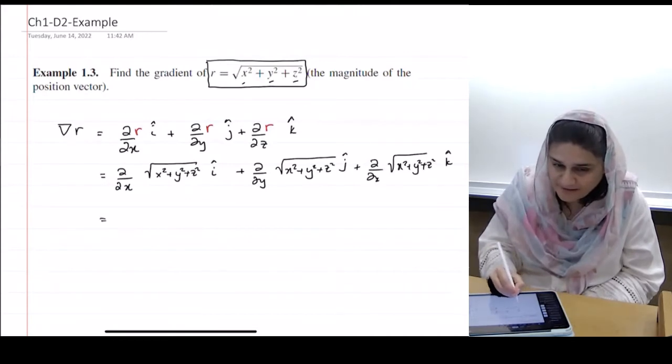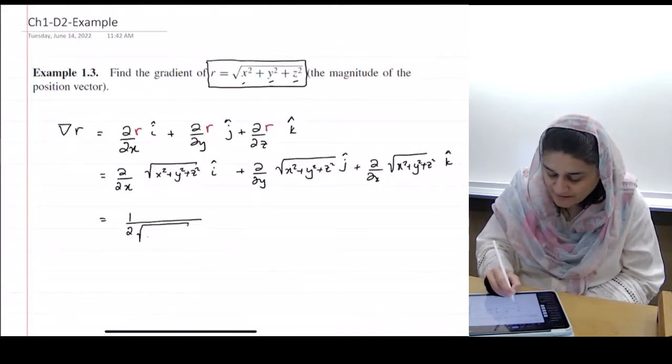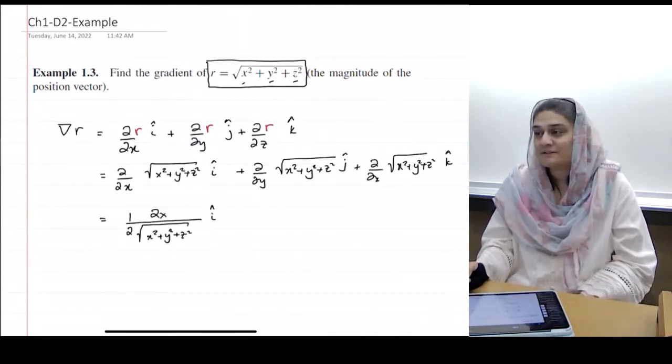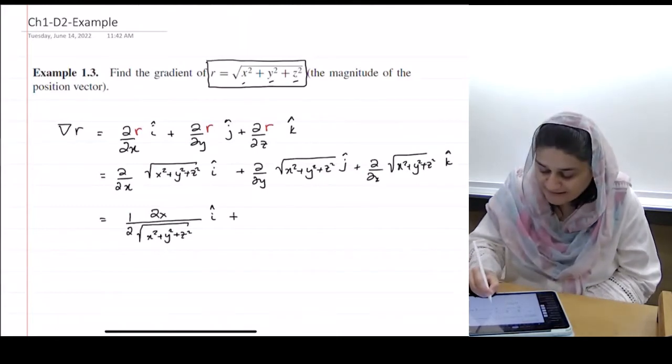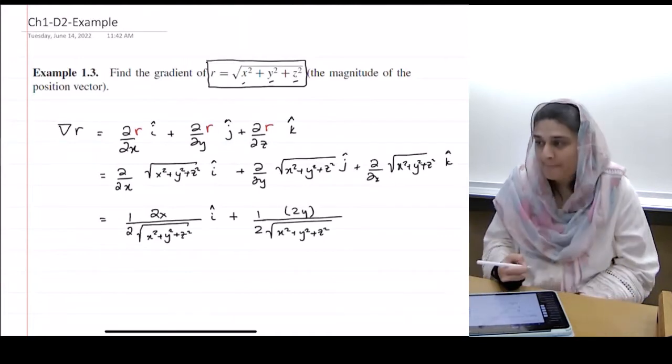This will be nothing other than 1 over 2 square root of x squared plus y squared plus z squared times 2x. Is that correct? Plus 1 over 2 square root of x squared plus y squared plus z squared times 2y.